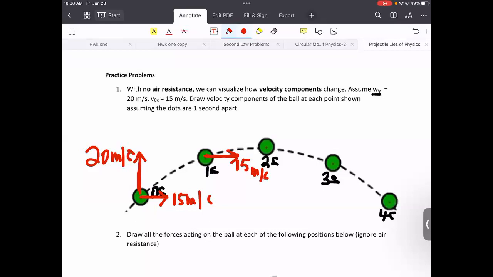The object is losing speed at a rate of 10 meters per second every second. I forgot to say that acceleration in the y direction here is minus 10 meters per second squared. So going upward, I have to lose some speed, so about half of that. That will be 10 meters per second because I'm going up, I'm losing speed.